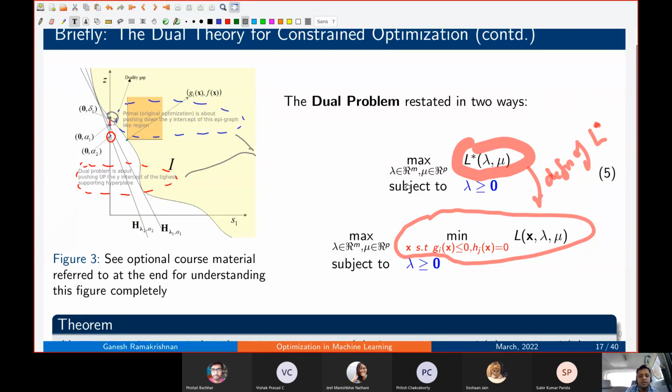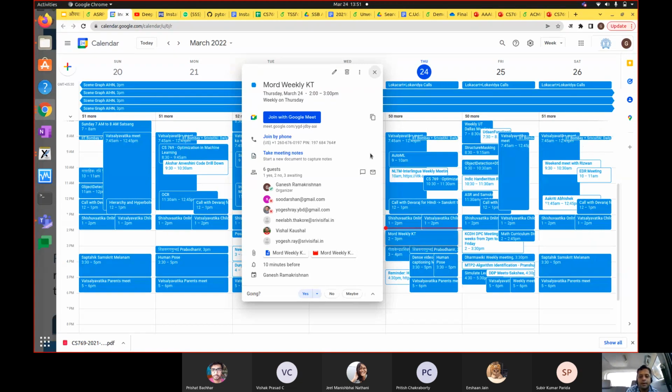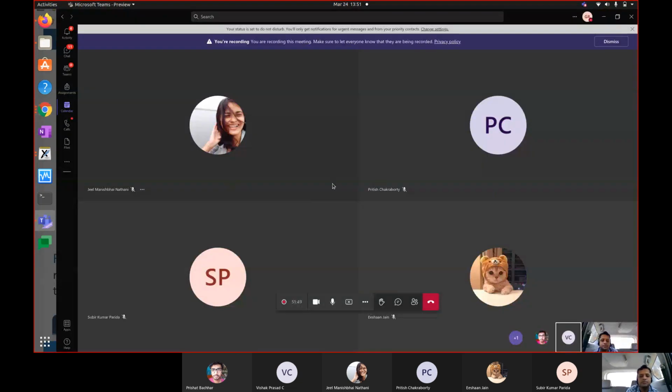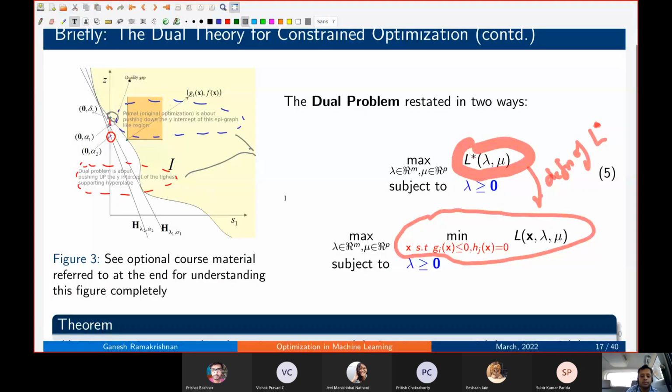Did you follow the question? So this is sort of like a tangent supporting hyperplane. That's the point where they meet. See, do they meet in this case?